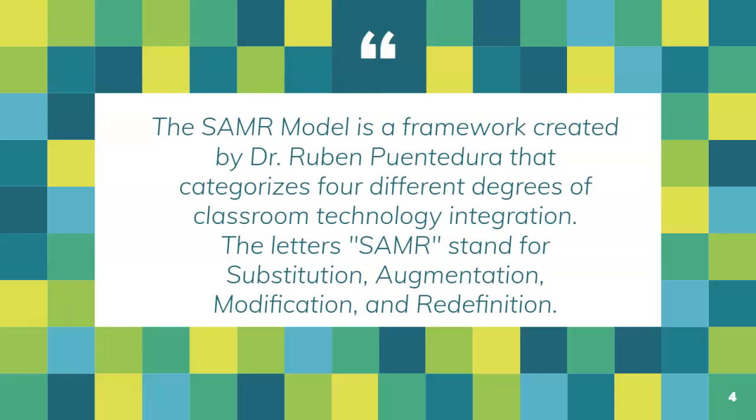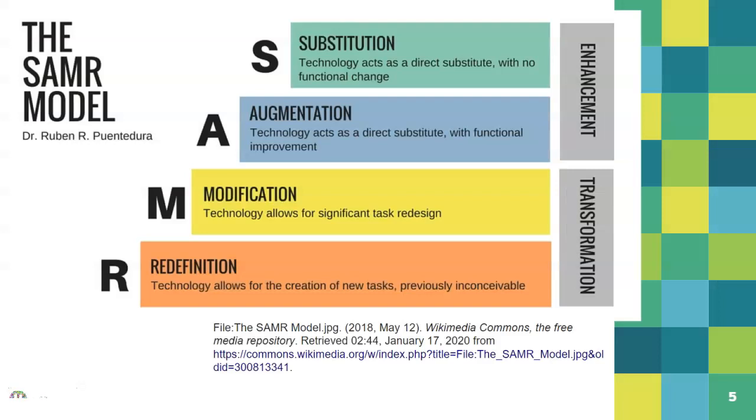The SAMR model is a framework that was created by Dr. Puentedura that categorizes the different degrees of integration. Does the technology act as a direct substitute? Does it augment what was happening in the classroom? Did it modify what happened in the classroom, or did it completely redefine it? And if you look on the right, it talks about going from enhancement to transformation.